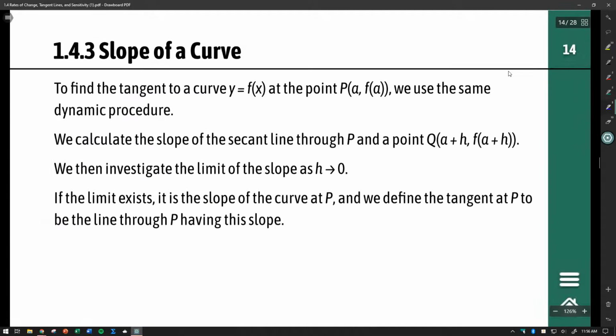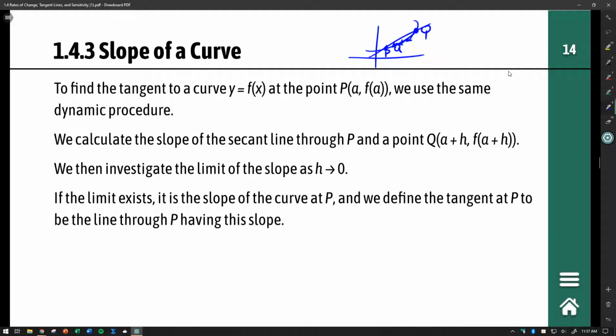So let's begin. To find the tangent to a curve y equals f of x at some arbitrary point P, notated as a comma f of a, we're going to use the same dynamic procedure as what we did in the previous video, where we had a point P and we picked a point Q, we drew the secant line, but we slowly, with limits, moved Q toward P. So we're going to calculate the slope of that secant line from P to Q. And the way we're going to define Q is going to be P plus a little space.